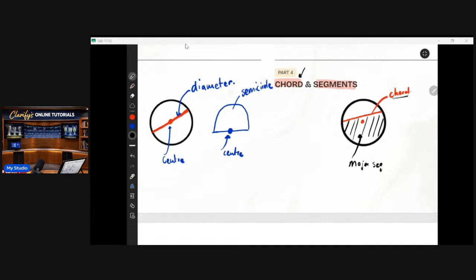Major segment means larger segment. And this one is going to be called the minor segment. It's also a segment because it is made by a chord, but it's the smaller one, so we call it the minor segment. Are we together so far? Have you seen the first 4 things you must know? These are things you must all know. So when you see the word segment, look for the chord.